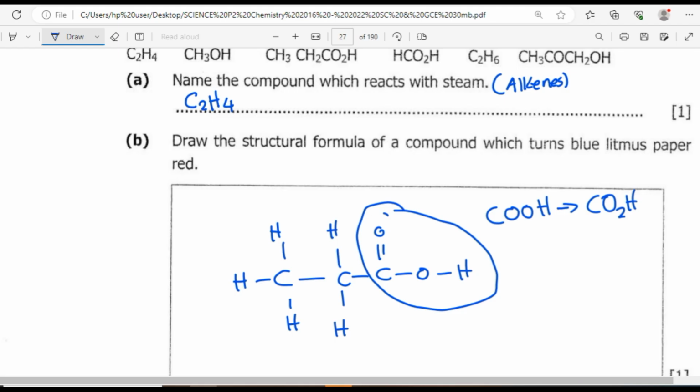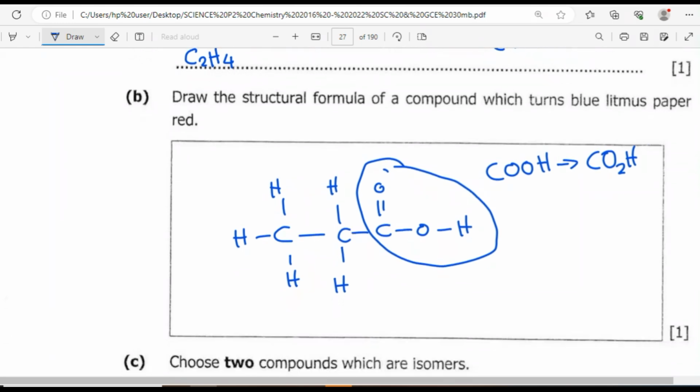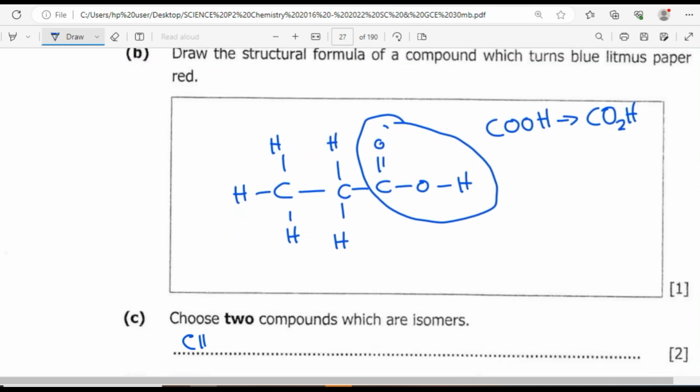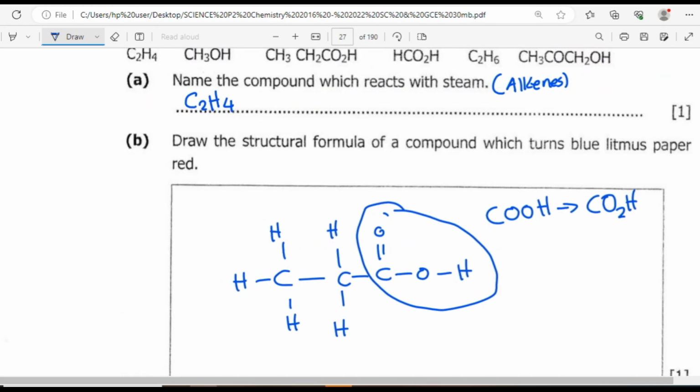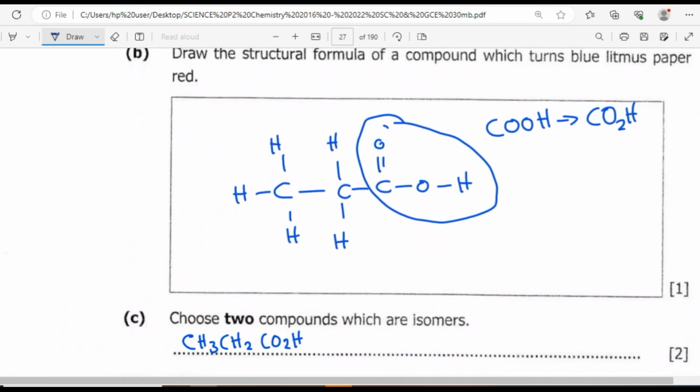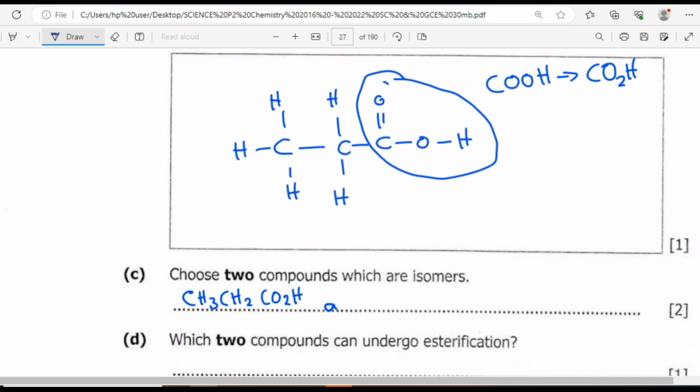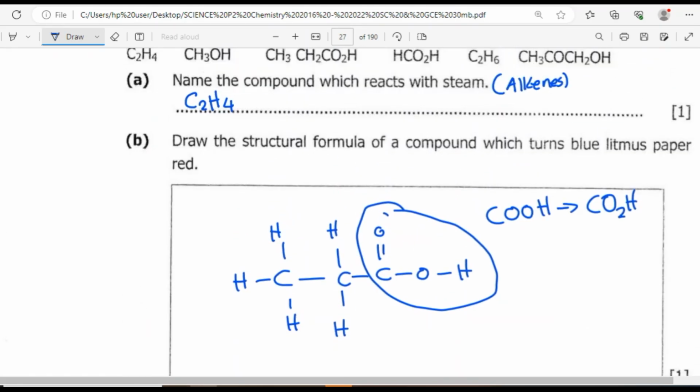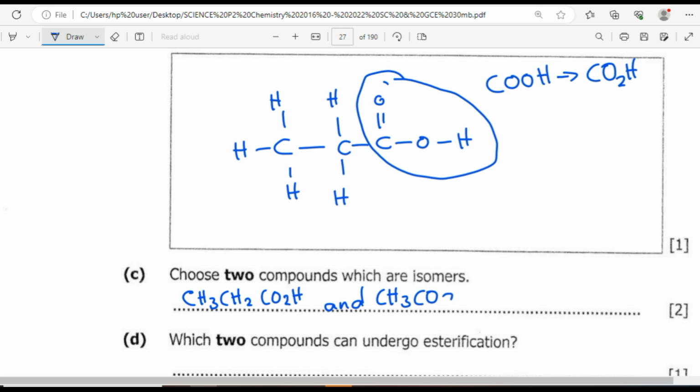So say CH3, CH2, CH3, CH2, CO2H. Then the other one, CH3CO, CH3CO, CH2OH, CH2OH.